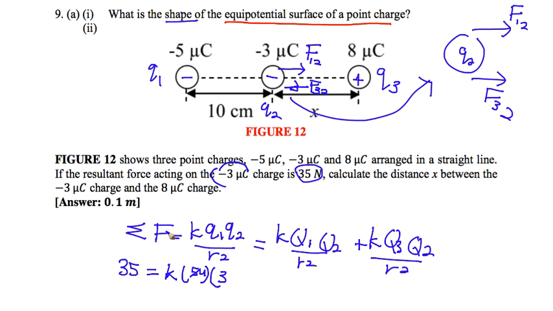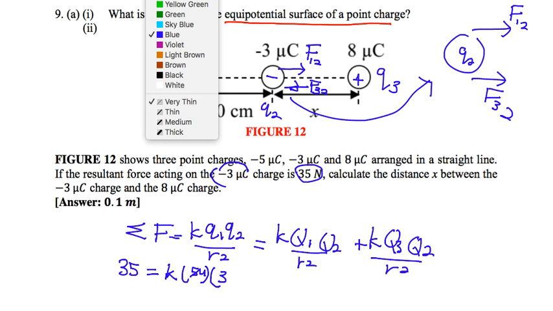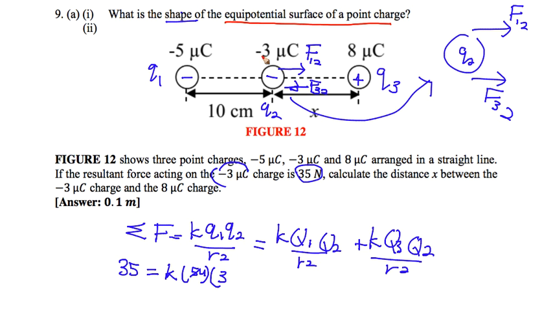Again, the total force is k q1 q2 over r squared. So you have two forces acting on q2 here. The first force comes from the negative 5 and the second force comes from the 8 microcoulomb charge.